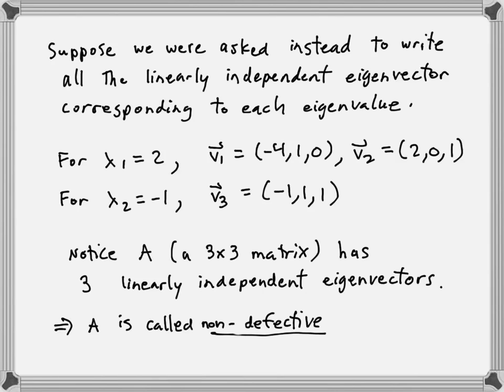Now, A was a 3 by 3 matrix. It had 3 linearly independent eigenvectors. The question is, does this always happen? Well, you can guess that because I called A non-defective, there would be such thing as a defective matrix, right? Maybe a matrix that does not have all n eigenvectors. So let's ask this question on the next page, okay?